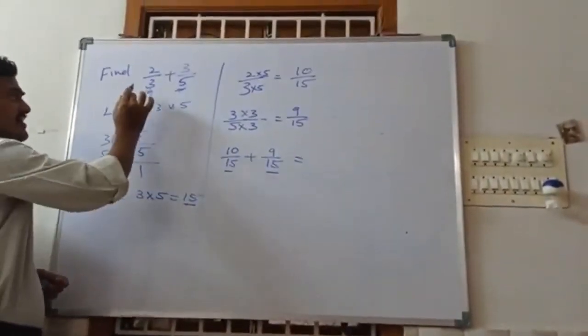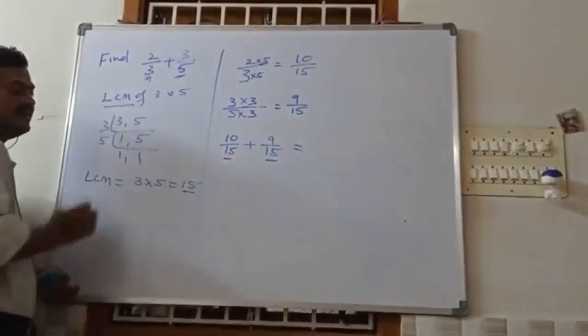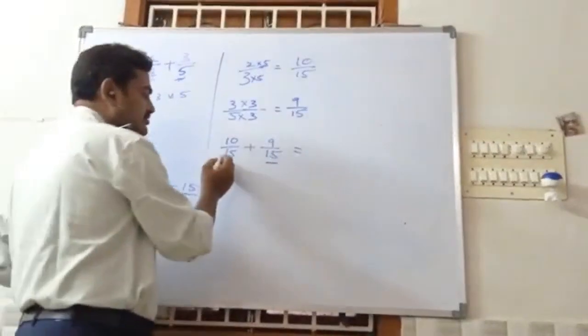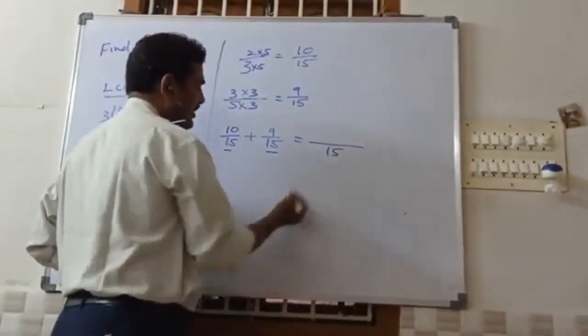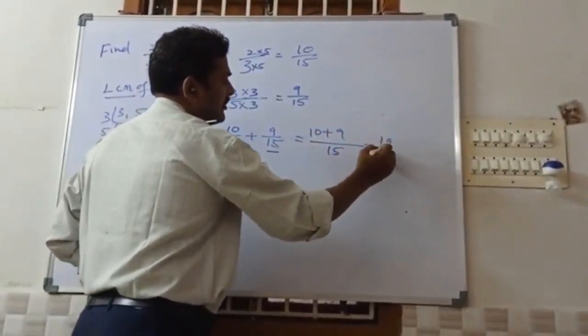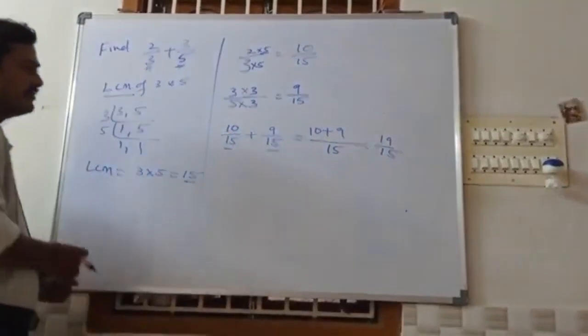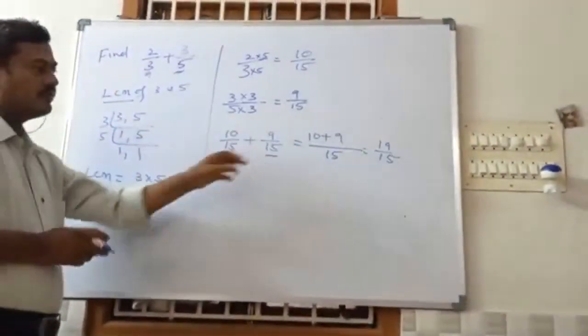So unlike terms can be converted into like terms by using the LCM. Now 10 plus 9 equals 19 by 15. Like this we convert unlike terms into like terms.